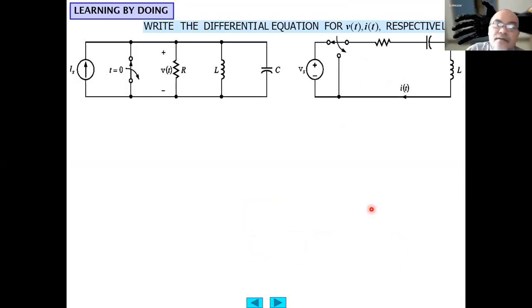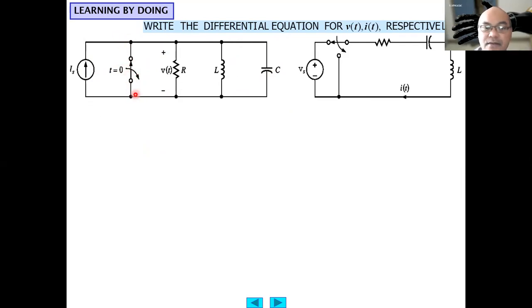Okay, let's give an example to write a differential equation for voltage v(t) and current i(t) respectively. So we have here a current source connected to resistance, inductance, and capacitance. At t equal to 0, this is disconnected. Before t equals 0, this is connected.